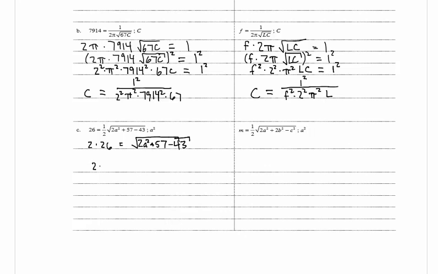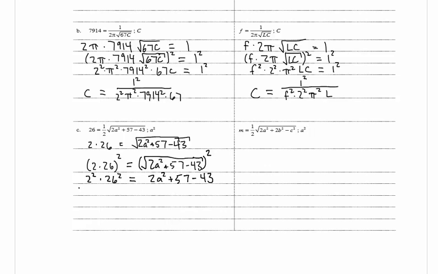So I have 2 times 26, squared, is equal to the square root of 2a squared plus 57 minus 43, all squared. And this is equal to 2 squared times 26 squared is equal to 2a squared plus 57 minus 43. And now I'm going to subtract 57 and add 43 to both sides.